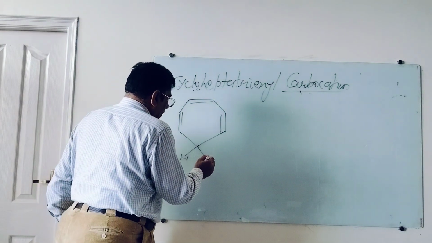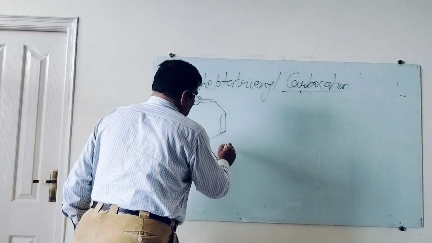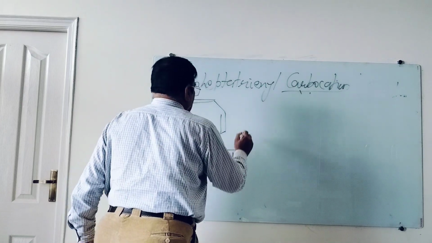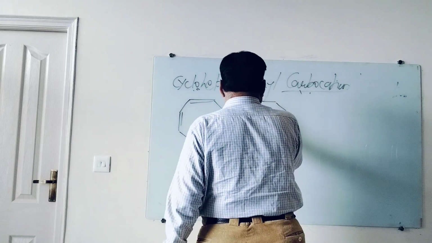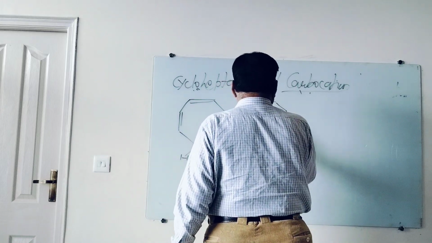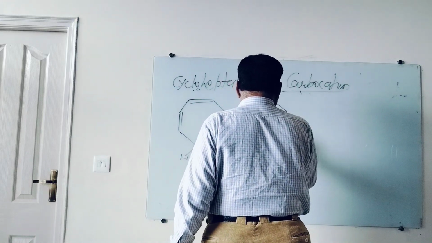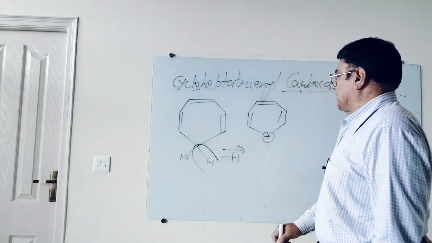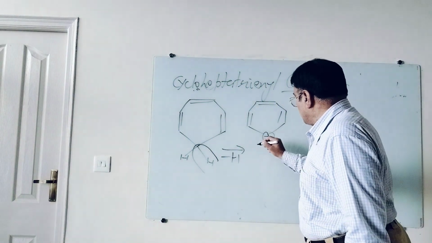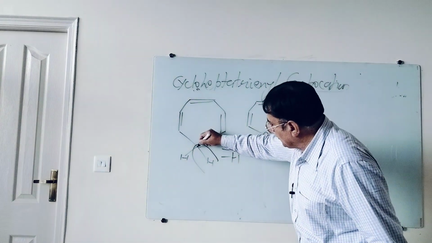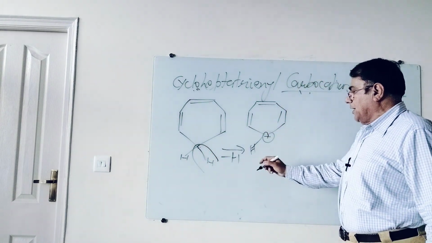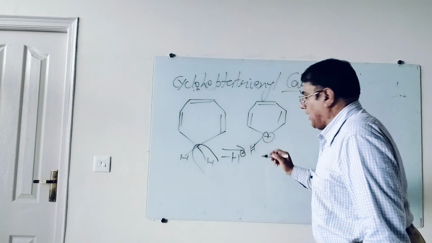Suppose this hydride ion goes, minus H. Hydride ion is removed, right? This species is there. This hydrogen is there, I can show. But one hydrogen has gone with both these electrons as hydride ion.